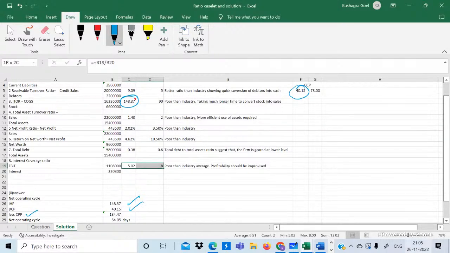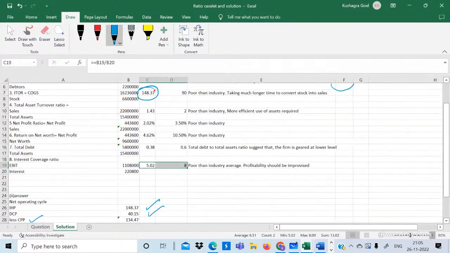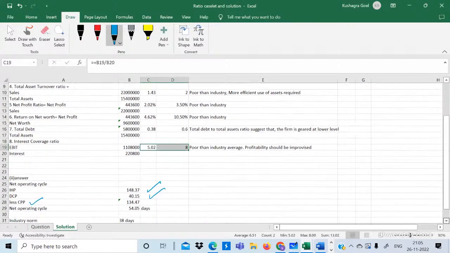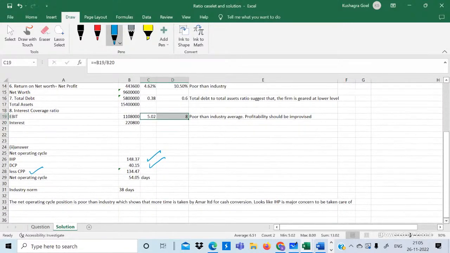Now again, how do you calculate your creditors payment period? Anyone from the batch? It'll be 365 divided by creditors turnover ratio. And how do you calculate your creditors turnover ratio? It's credit purchase upon accounts payable.